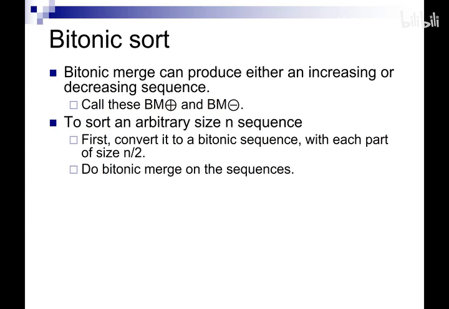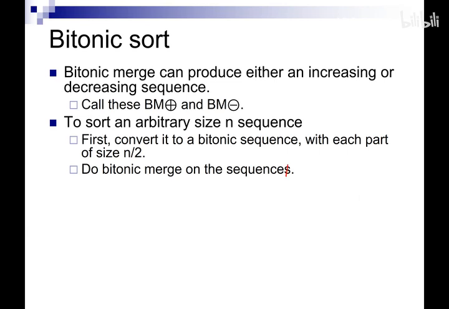Now suppose you're given an arbitrary sequence and you want to sort it. Then what we will do is first convert this arbitrary sequence into a bitonic sequence, where the increasing part and the decreasing part both have size n/2. Then we're going to do a bitonic merge on this entire bitonic sequence.